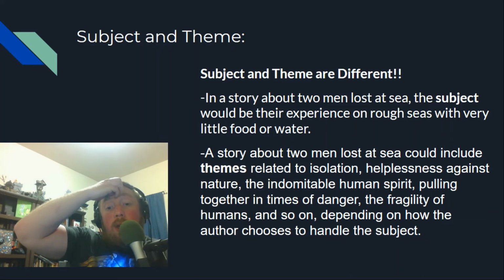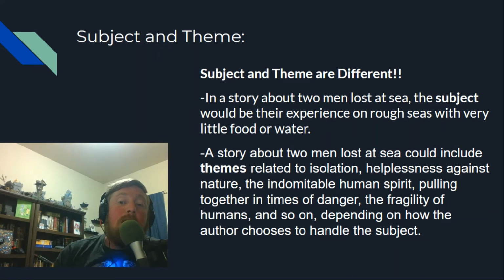A story about two men lost at sea could include themes related to isolation, helplessness against nature, the indomitable human spirit, pulling together in times of danger, the fragility of humans, and so on and so forth. That just depends on how the author chooses to handle the subject.